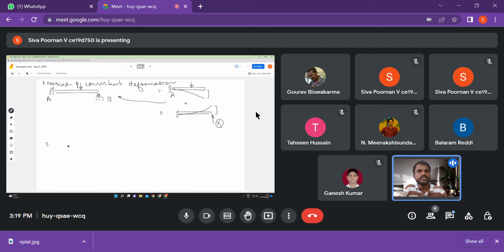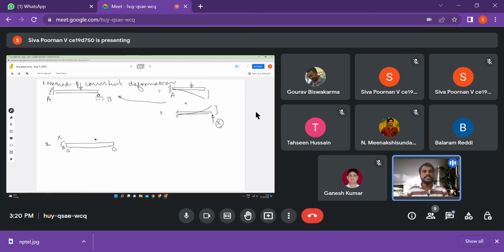But I could as well have imagined the same structure as a simply supported beam, with this fixed moment being the redundant moment. So I could say that it is subjected to a redundant moment here. This is the x that I have to find out, and the same load is being applied here, right?